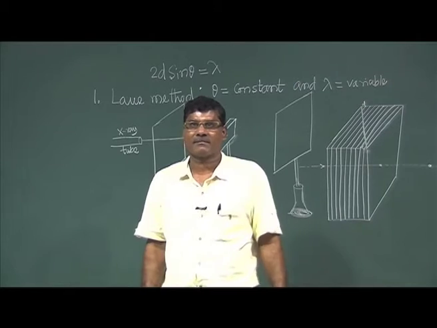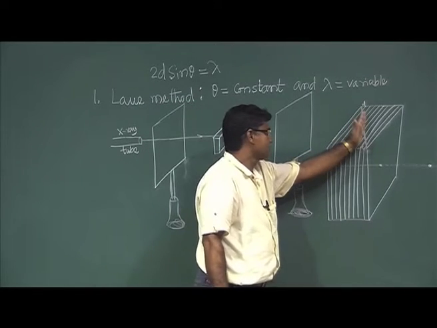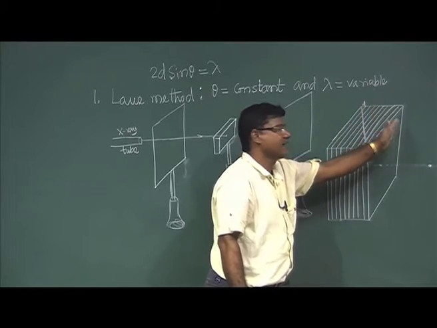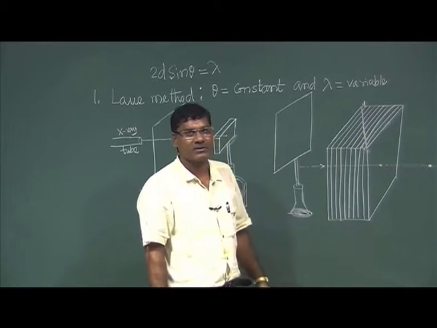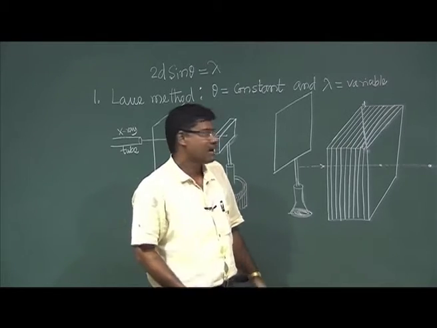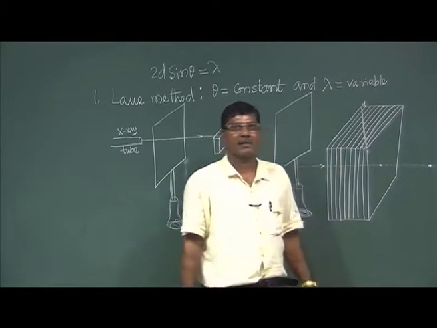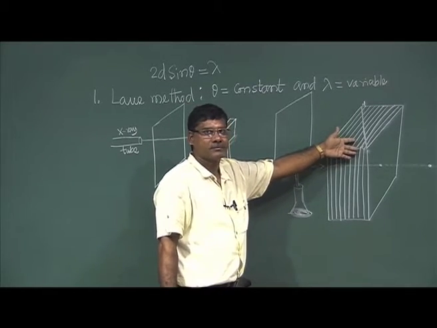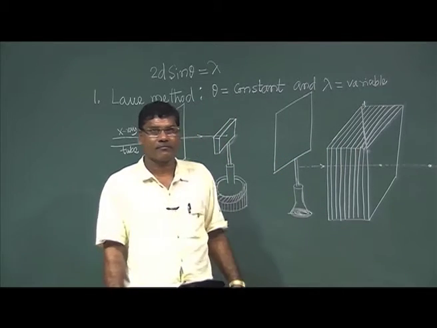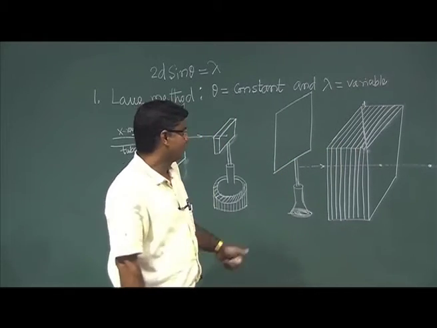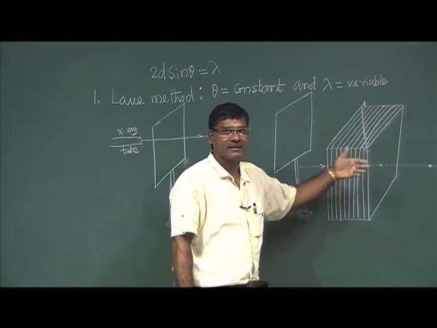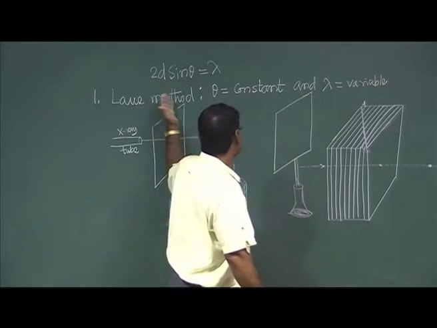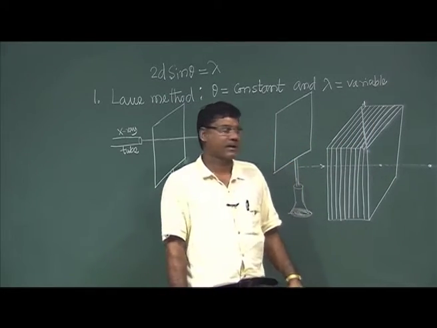There are many parallel planes; 100 plane means there is a set of parallel planes. Now, this set of parallel planes will form an angle with this incident X-ray. Let us say that this angle is theta, the grazing incident angle with this plane is theta.